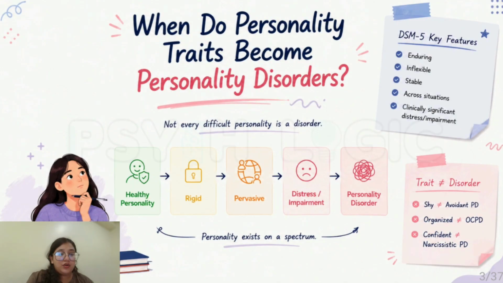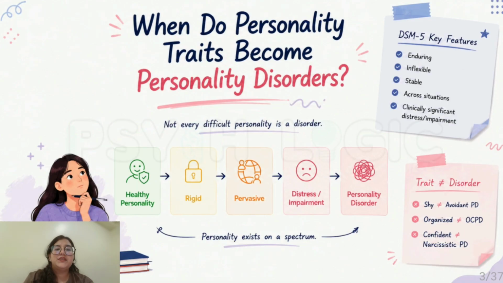So think about it in this way: we all have personality traits, right? But imagine someone who is a perfectionist. They like their notes to be neat, the room to be organized, and they plan everything in advance. That's not a personality disorder. In fact, these qualities could be the reason they succeed in their life.